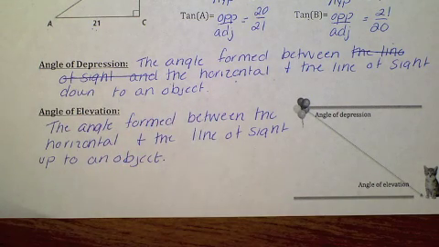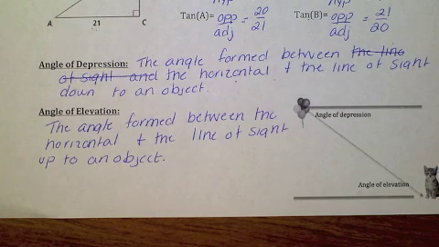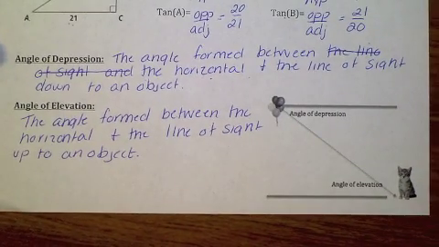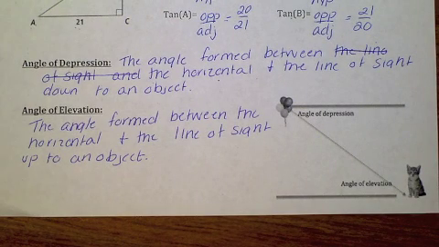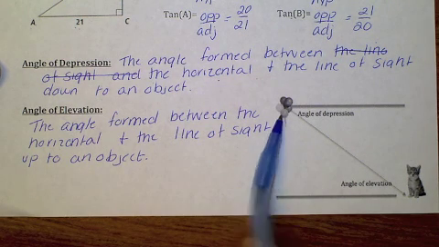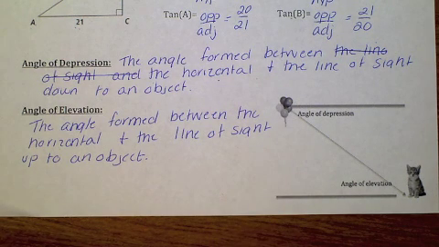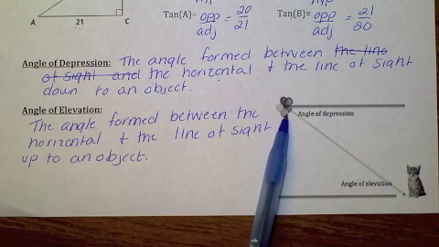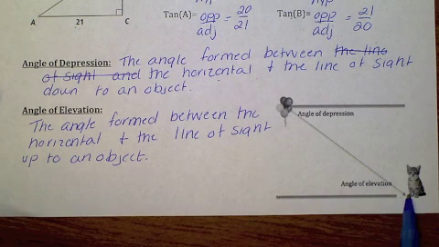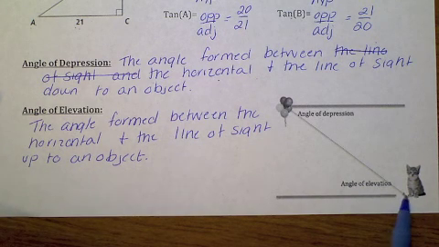If you were in my Algebra 2 class last year, you may recognize this picture over here. I had this in your notes last year too. So this kitten, let's say it's looking up at the balloons. Well, there's an angle of elevation from itself up to the balloons. Here's the horizontal, it's kind of like the ground. Okay, here's the kitten. If it looks up to the balloons, its line of sight is right here.